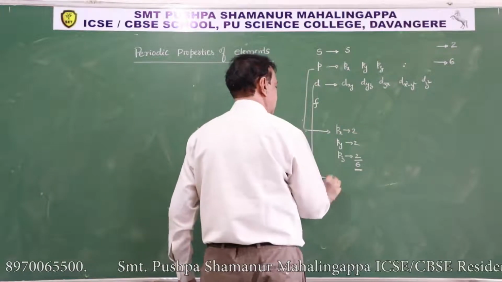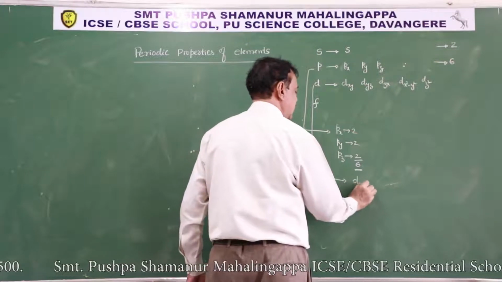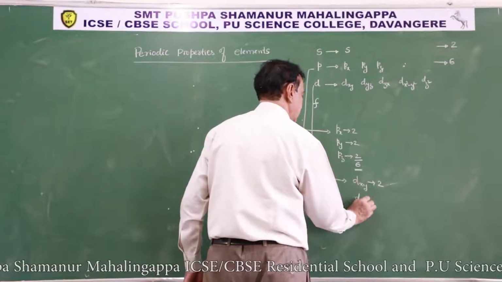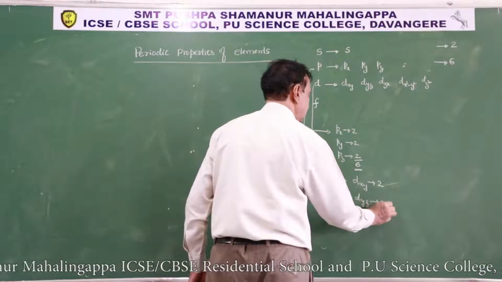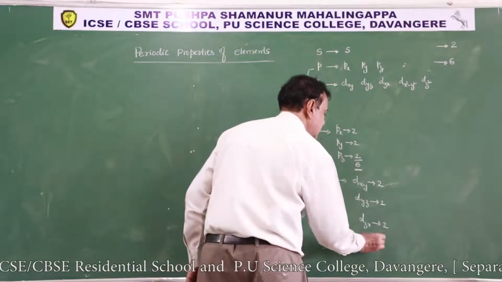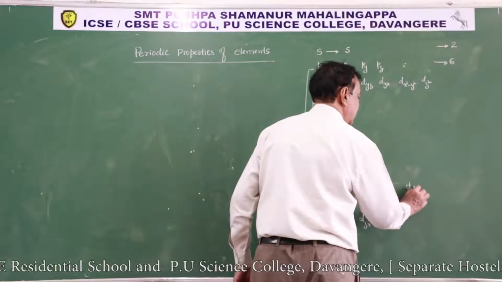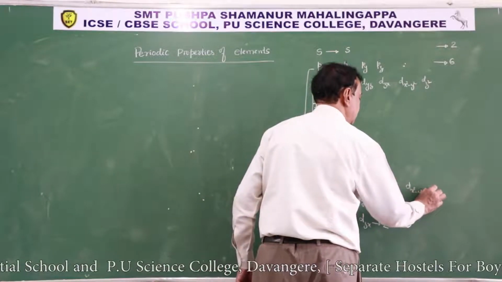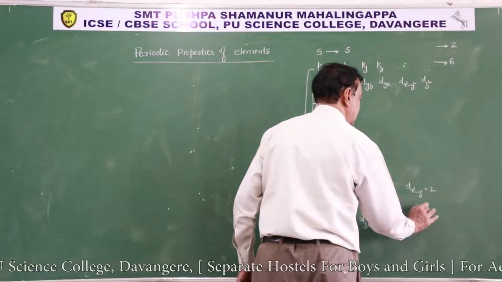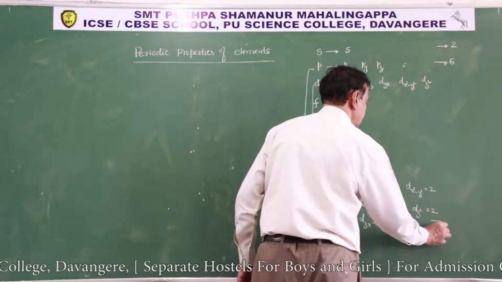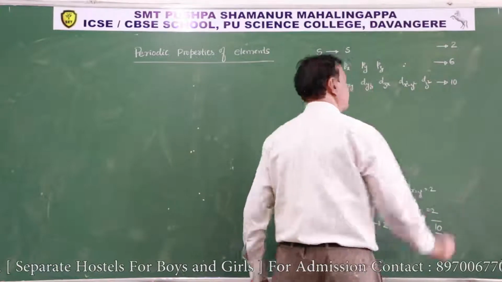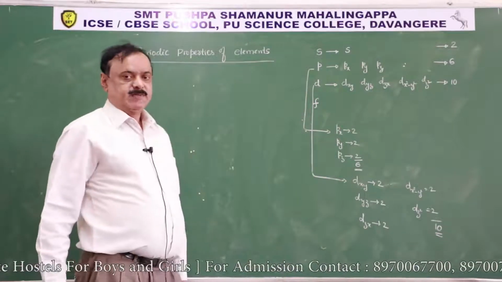In case of the D, we can place 2 electrons in each of dxy, dyz, dzx, dx square minus y square and dz square. Therefore a total of 10 electrons can be accommodated in D atomic orbitals.